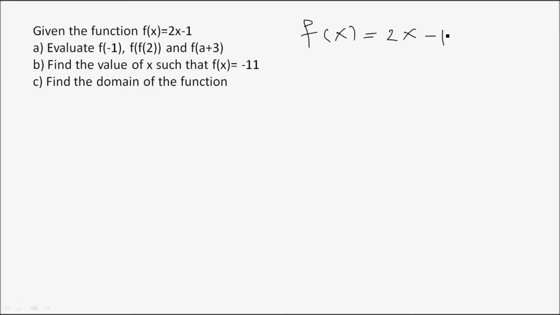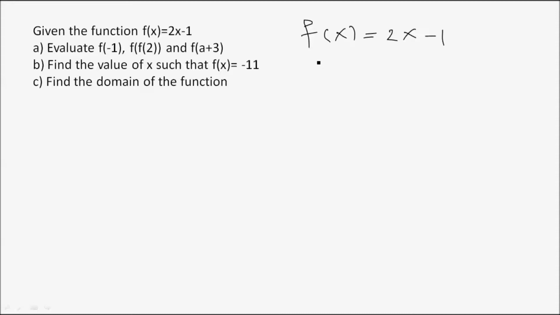It means that we have a function that receives a value x as input, doubles that, and then subtracts 1 from that and returns the value as output. So whatever value you give this function, it will double that and then subtract 1 from that.